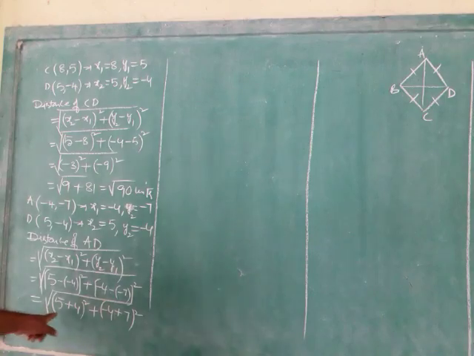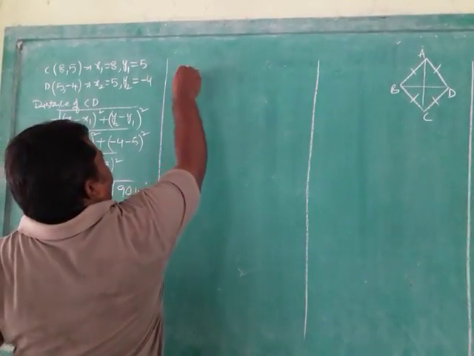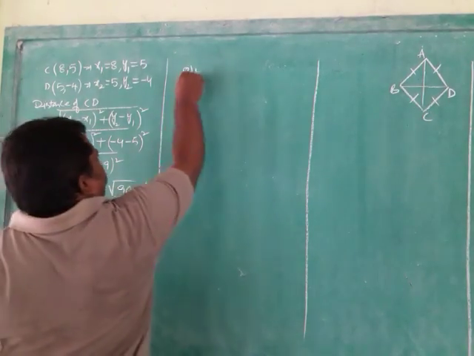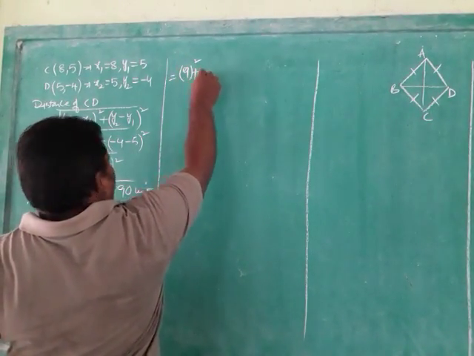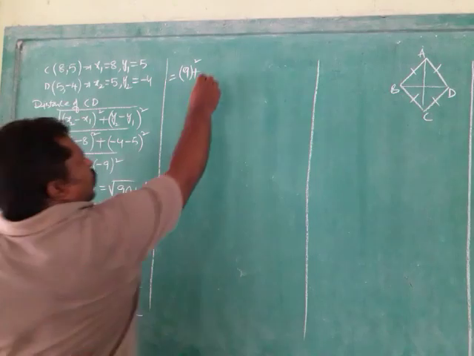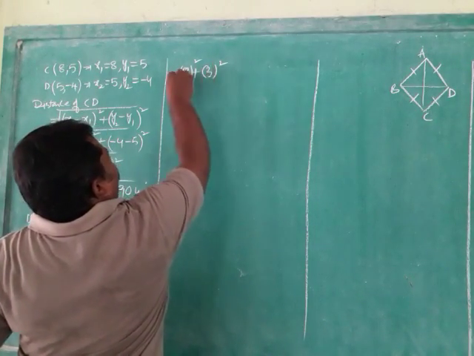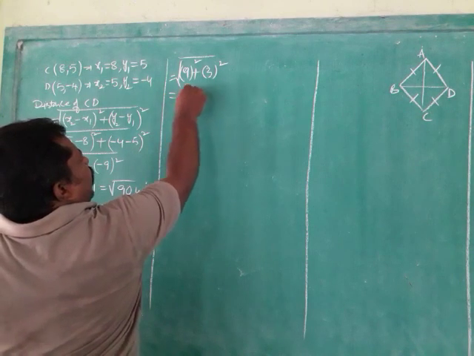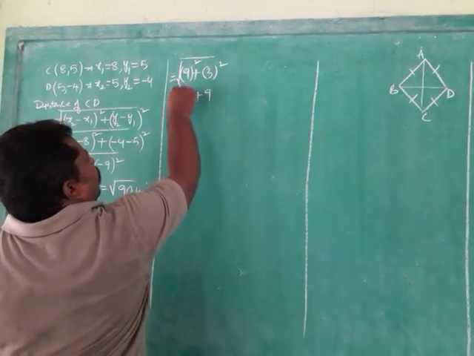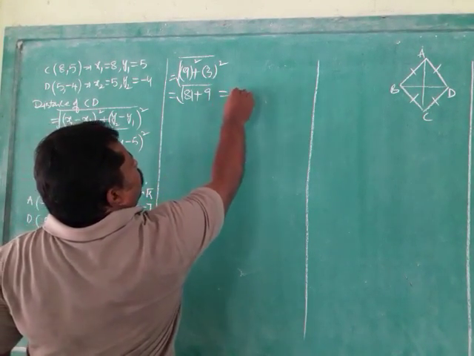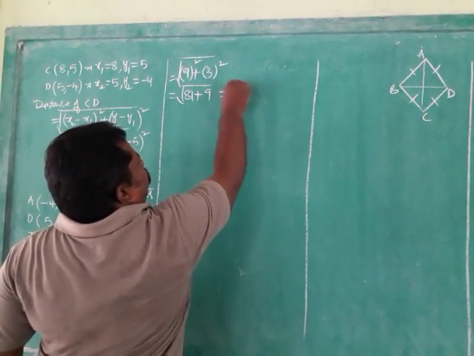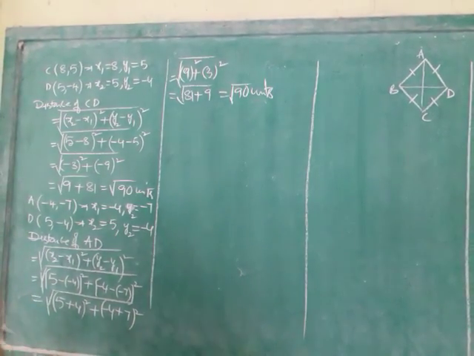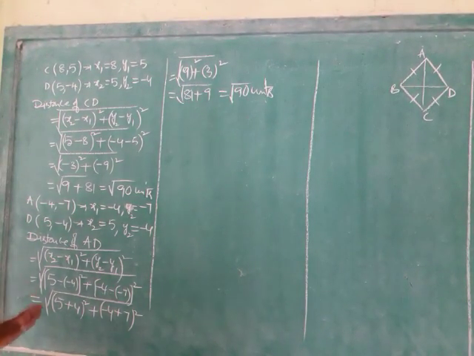Now children, 5 plus 4, 9, and −4 plus 7, 3, whole square under the root, which is equal to √(81 + 9), which is equal to √90 units. Okay, AB distance is the same as BC, CD and DA.